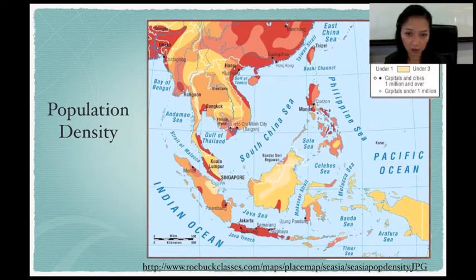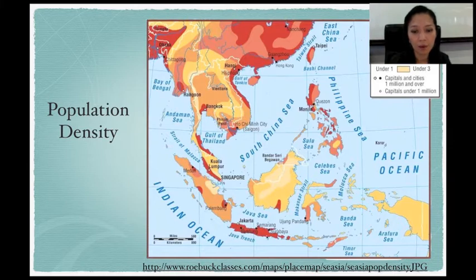Also in Bangkok, also in Ho Chi Minh City, which is one of the biggest cities in Vietnam as well, right? And this part, the Gulf of Thailand, Rangoon, one of the biggest cities. What else? Kuala Lumpur, which is the capital of Malaysia.